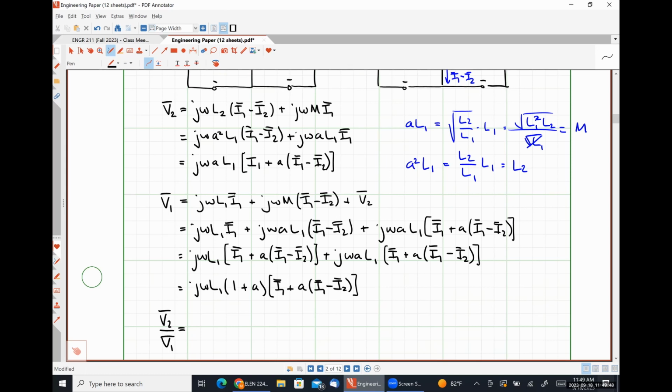There's a common factor of j omega L1 times this current. So I have an A left in the numerator and then a 1 plus A in the denominator. So it's going to look like A over 1 plus A, or N2 divided by N1 over 1 plus N2 divided by N1, which is just N2 divided by N1 plus N2.